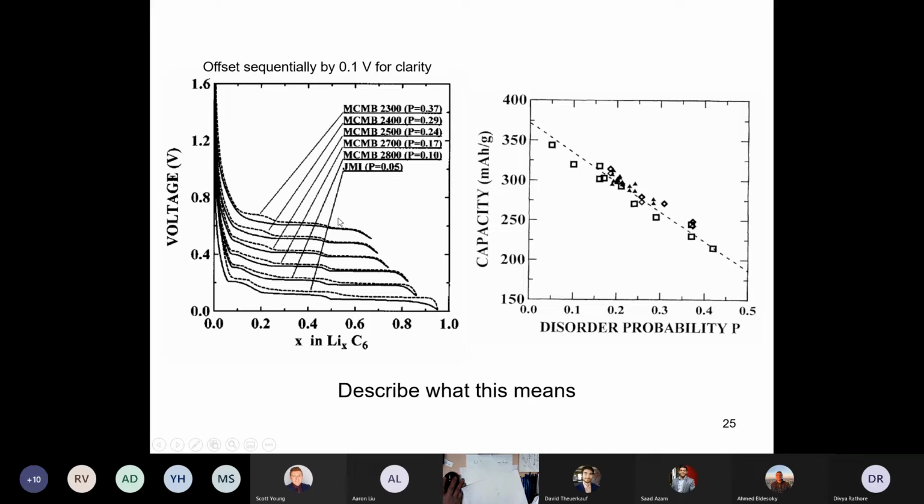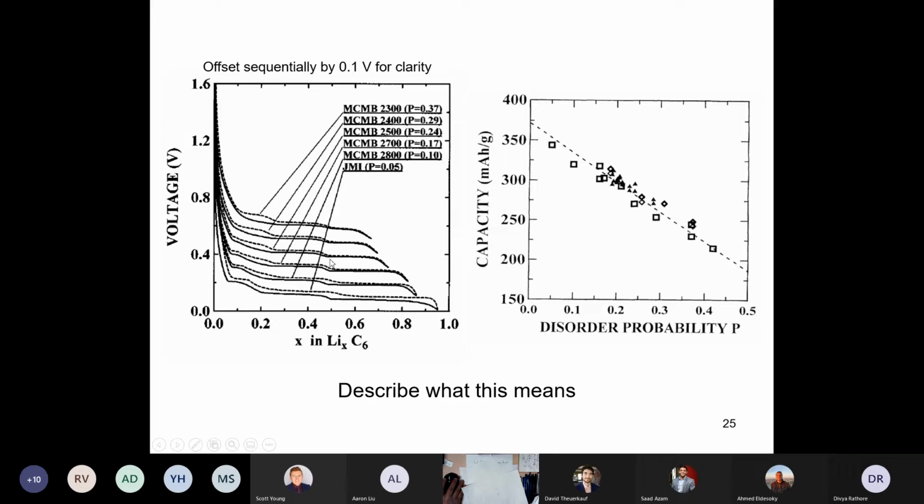There's another really interesting thing about this graph. So you notice that the capacity, or the full amount of lithium that you can reach, gets less and less and less, right? And it goes back rather substantially as P increases. But look at this bump. This is where the stage 2 phase is full.